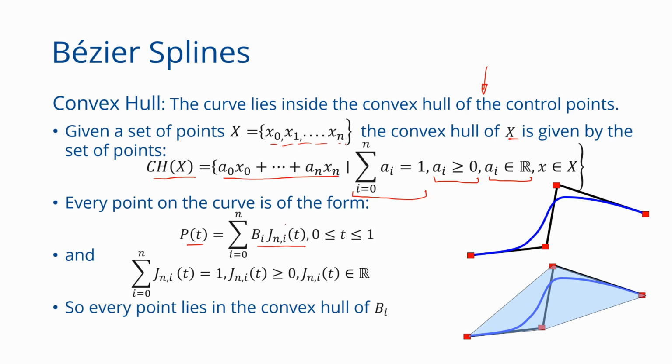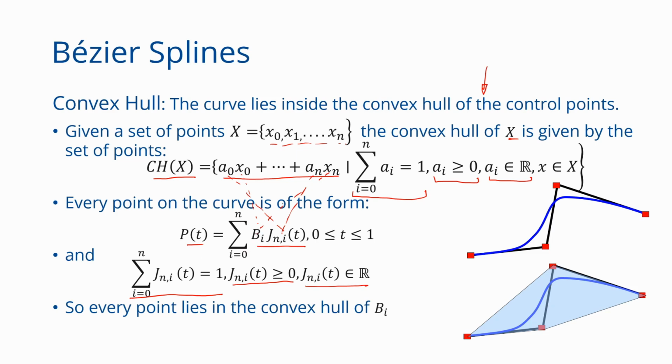If you consider that the Bi's are the x's in this definition and the J's are the a's in this definition, then you already know that the Bernstein basis forms the partition of unity. It has the property of positivity and the values are all real. So it forms a convex combination of the control points and therefore the curve lies inside the convex hull of the control points.